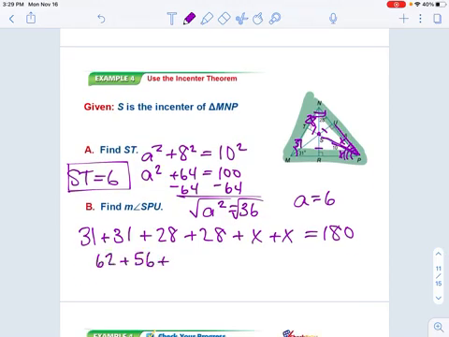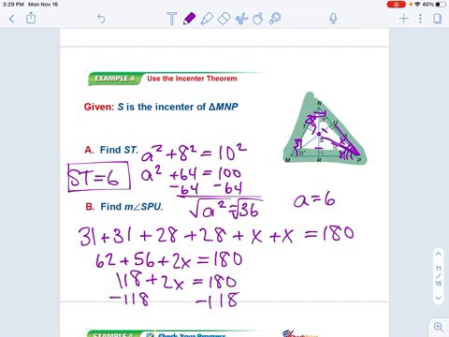So I go ahead and solve. I combined my 31 and my 28s. You could skip that step and go ahead and just add them all together, but it was easier for me to do it that way. Easier numbers to add.